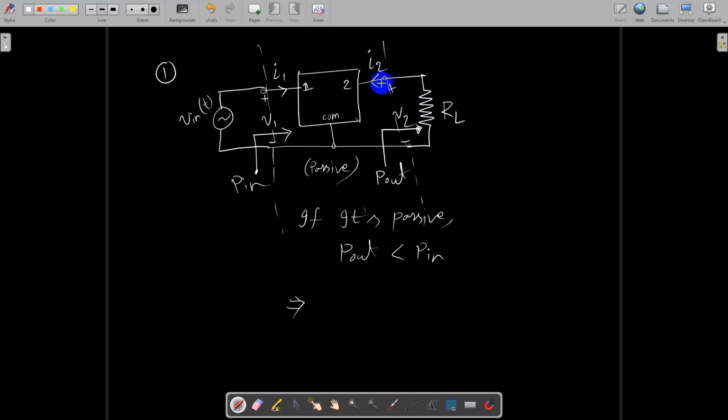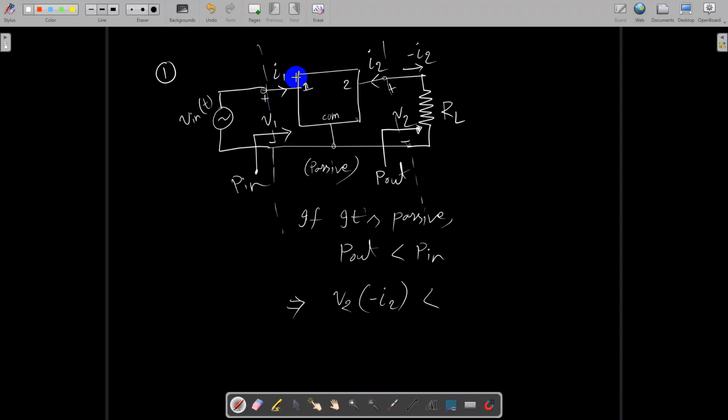So this current is going inside. This is the port current. The current goes outside is negative I2. Okay, so P out is equal to V2 times negative I2. P in is the power that is extracted from the source.